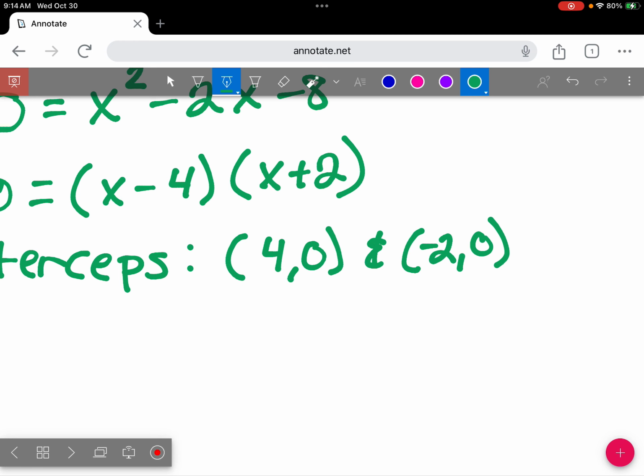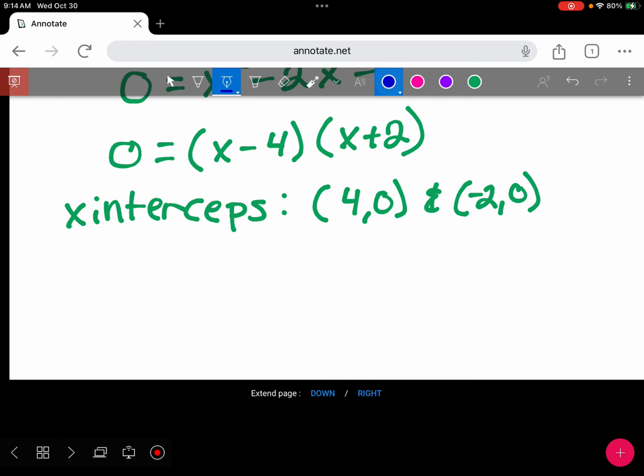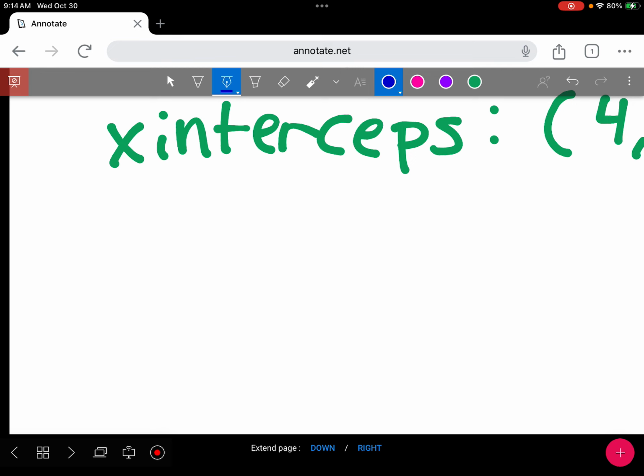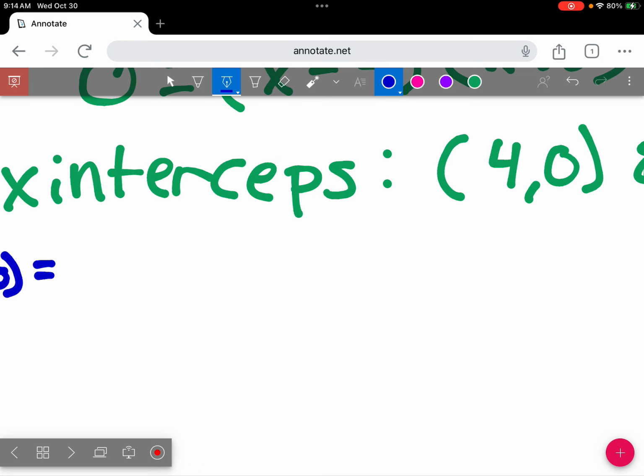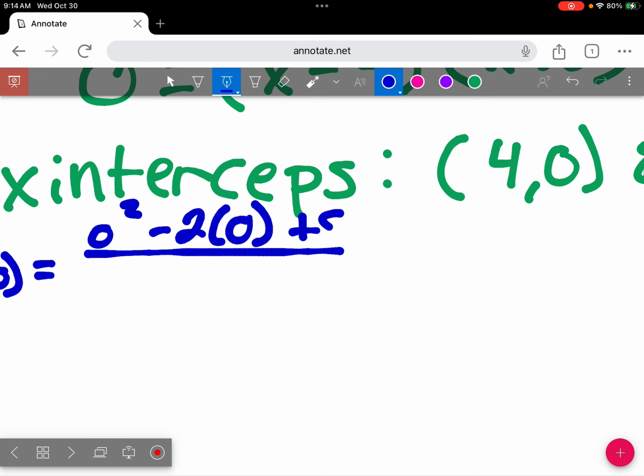So to find our y-intercept, we're going to substitute in 0 for every single x in the whole function. So f of 0: we're going to have 0 squared minus 2 times 0 plus 8, over 0 squared plus 2 times 0 minus 15.